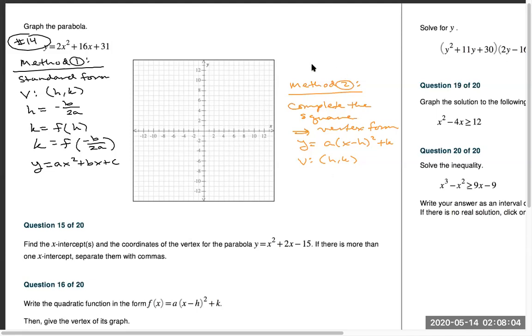Now the next thing I need to mention for both of these methods is that after you do that, you want to make a table. It's symmetric about the vertex, and we talked about this in the last few videos.